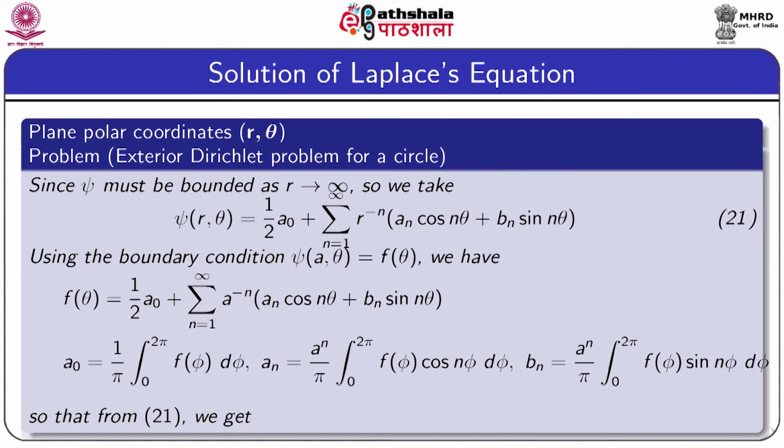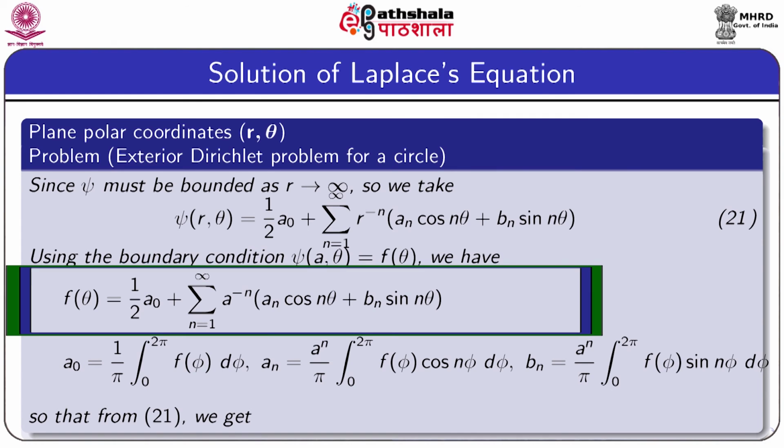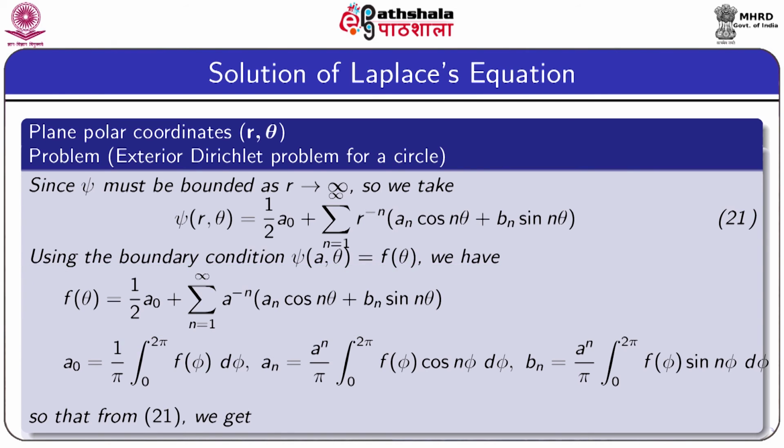Now, if we use the boundary condition psi a theta equals f theta, we get f theta equals half a 0 plus sum n equals 1 to infinity a to the power minus n a n cos n theta plus b n sin n theta, and using the Fourier series we can obtain the values of a n, b n which are written here.